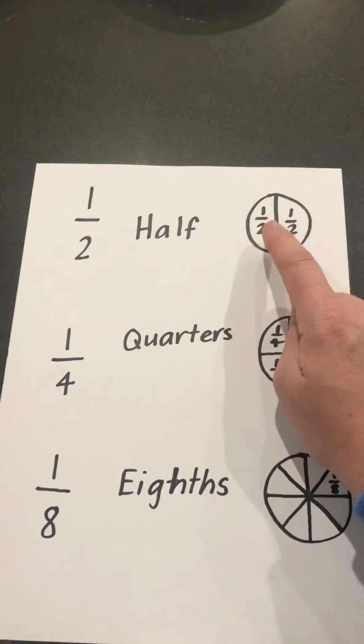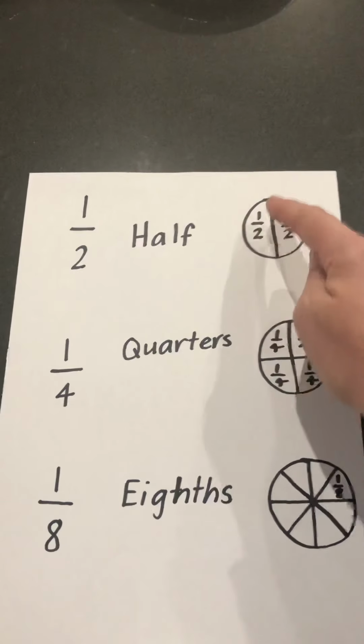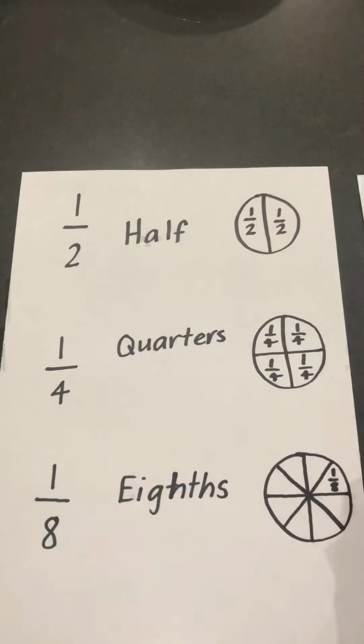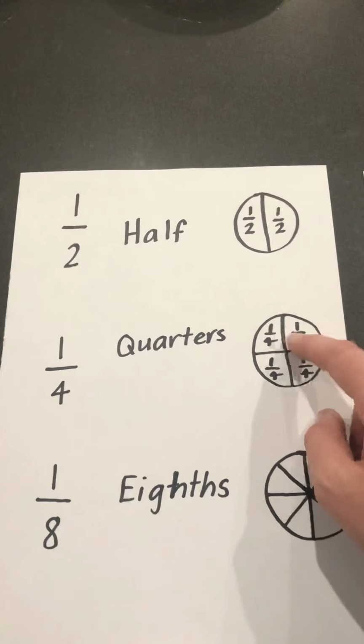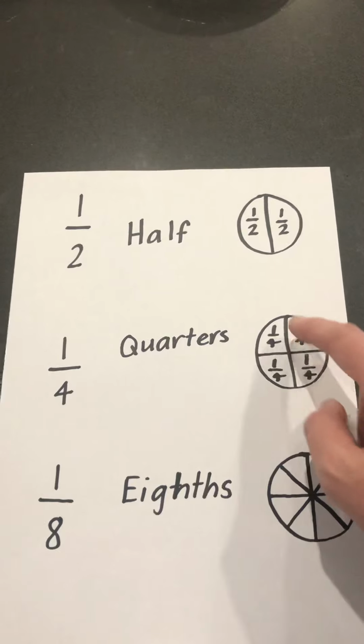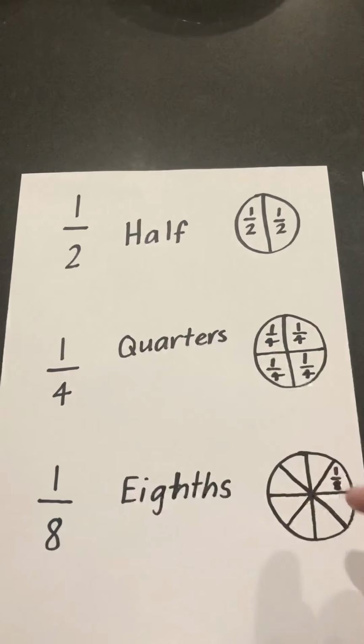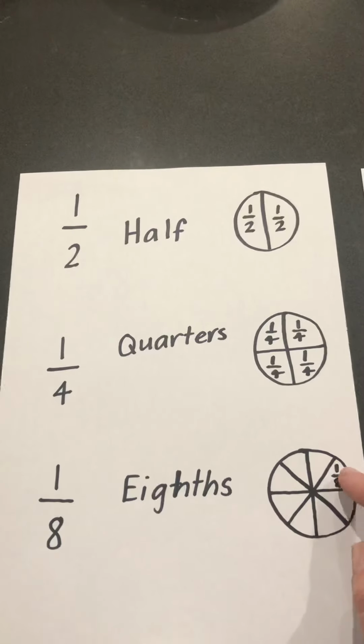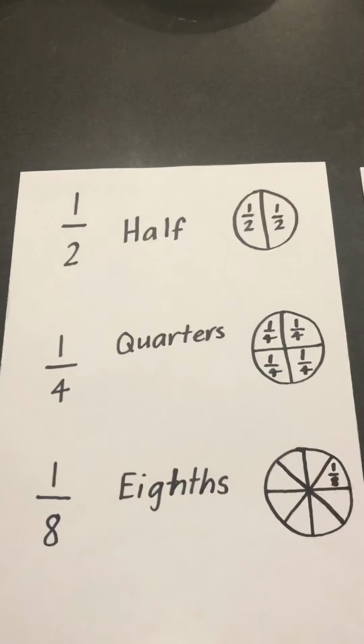So if I am talking about half a pizza, I have 1 out of 2 pieces. If I have 1/4 of a pizza, which is just this one here, I have 1 out of 4 pieces. And if I have 1/8 of a pizza, I have 1 out of 8 pieces.